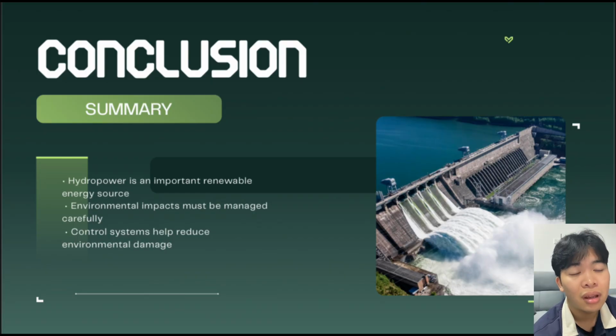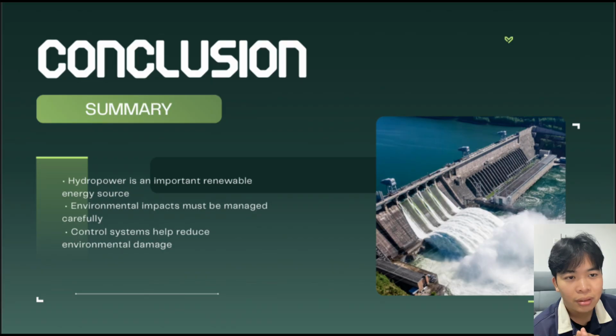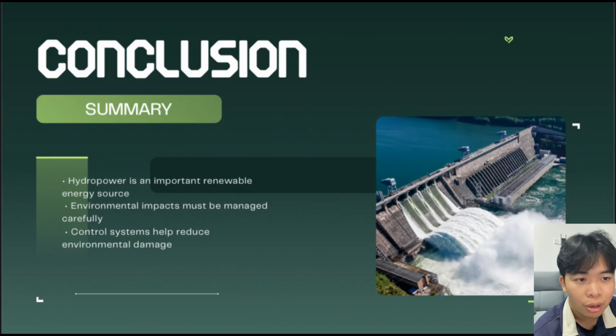For example, dams can disrupt the aquatic ecosystem, block fish migration, and change the natural flow of river. Sedimentation can also occur in reservoir and affect the downstream environment. Because of this issue, environmental control systems such as fish ladders and sediment flushing system are very important.